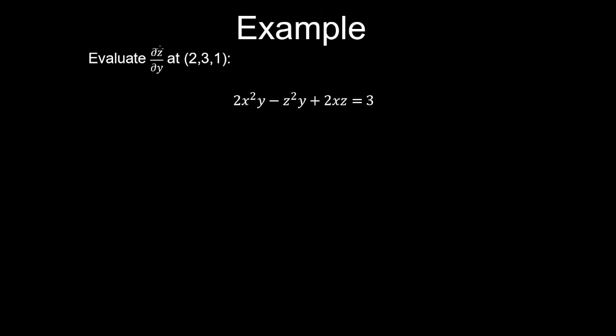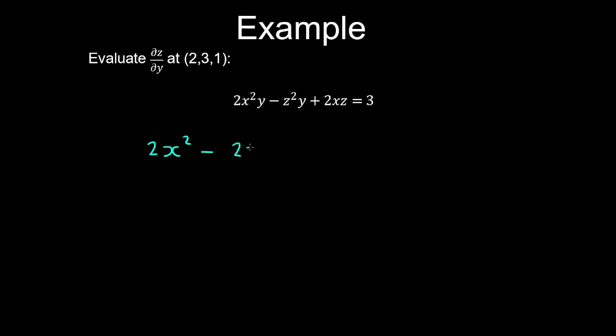Let's evaluate the partial derivative of z with respect to y at the given point. So evaluating the first term, we hold x fixed, so we get 2x squared. And for the second term, we'll use the product rule, as well as the chain rule.